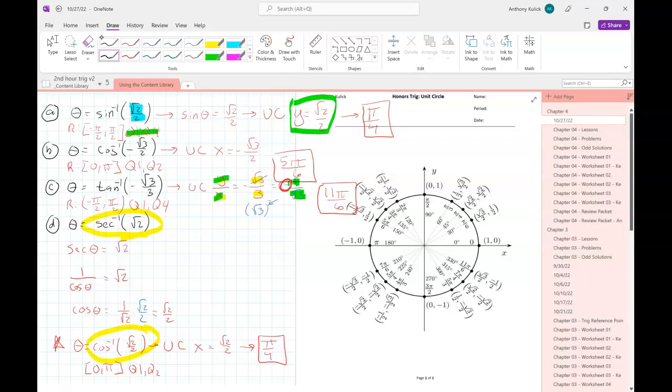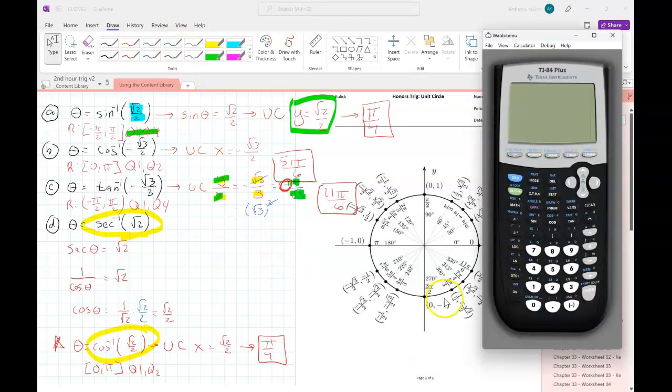Can I point something out to you? Each of these problems should be checkable. May I show you how to check these? So I'm going to do that with my calculator now. So looking at checking part A, if I do sine of pi over 4, I should get back root 2 over 2.